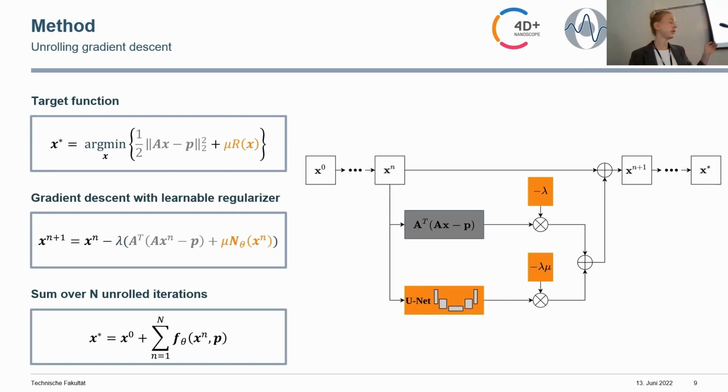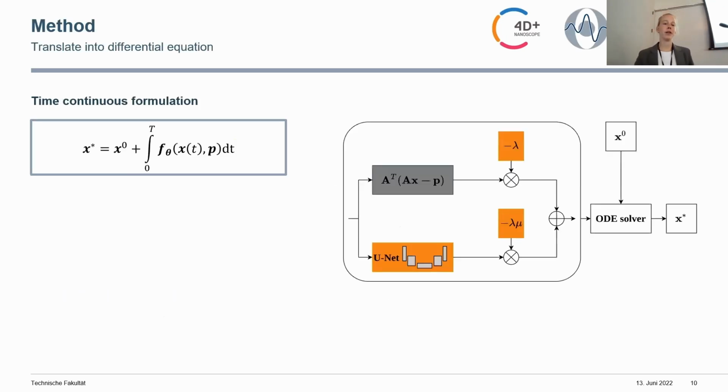Now, if you look at this function in the lower left again, all we do is simply get rid of this discrete sum that is summing up over the unrolled iterations. And instead, we formulate this as a kind of continuous formulation.